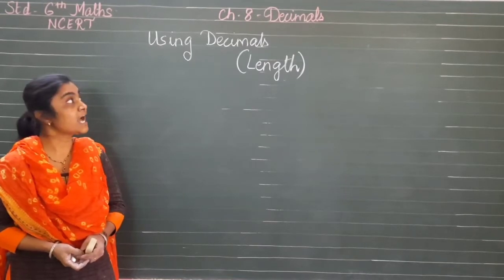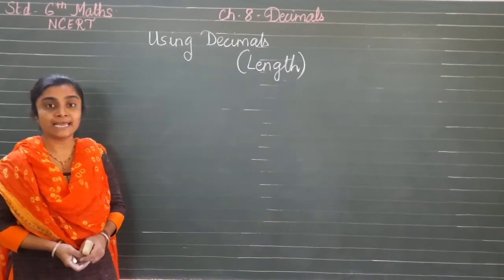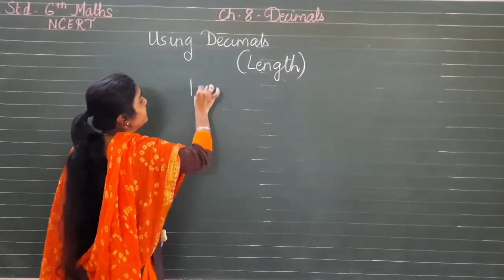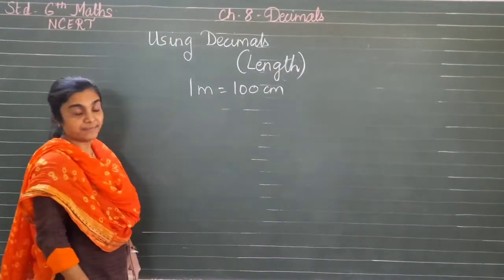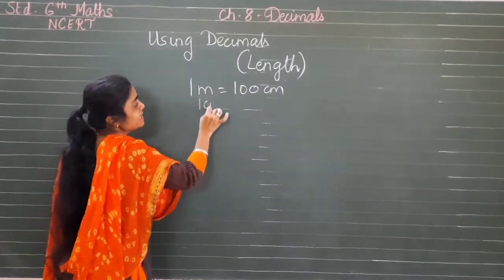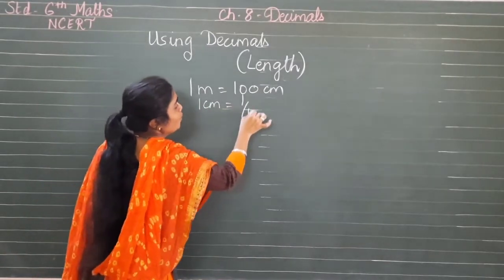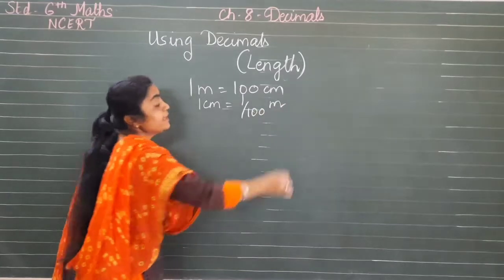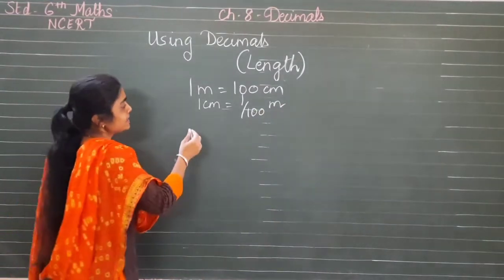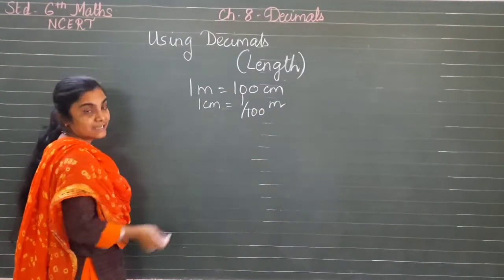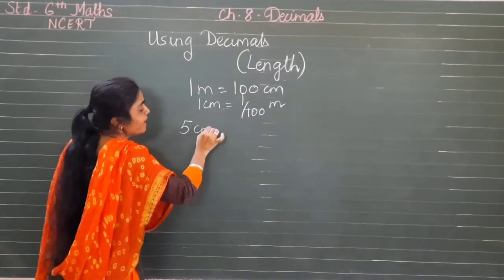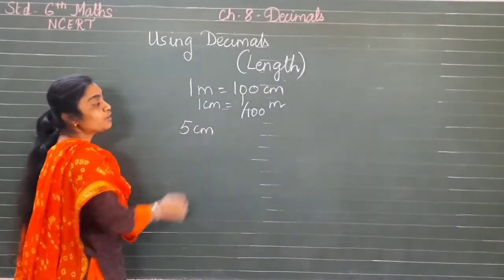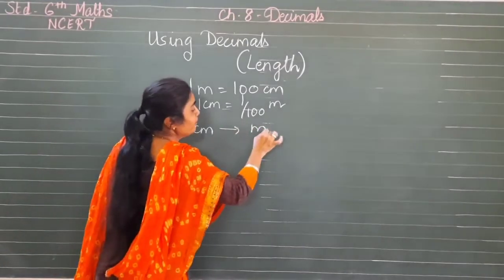Now let us see how decimals are used in length. We know 1 meter is equal to 100 centimeter, or 1 centimeter is equal to 1 upon 100 meter. Now let us take one example. We will convert centimeter into meter. Suppose I am taking 5 centimeter. I want to convert it into meter.